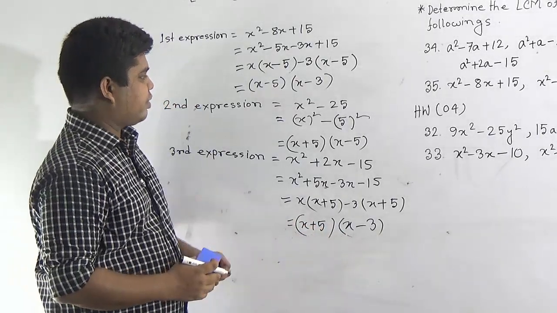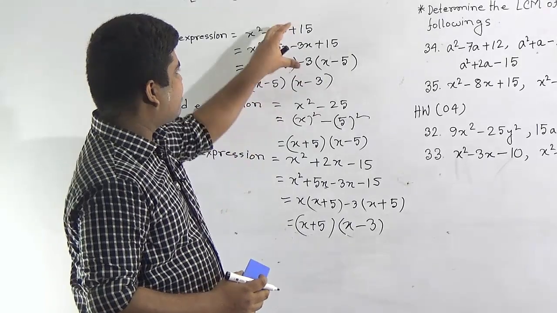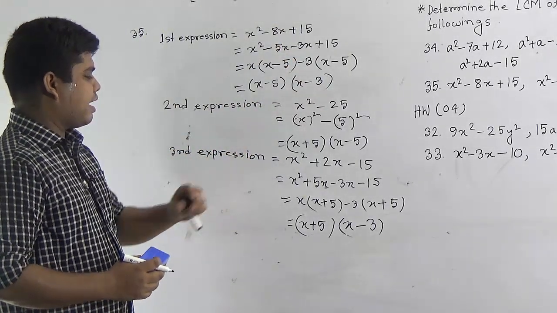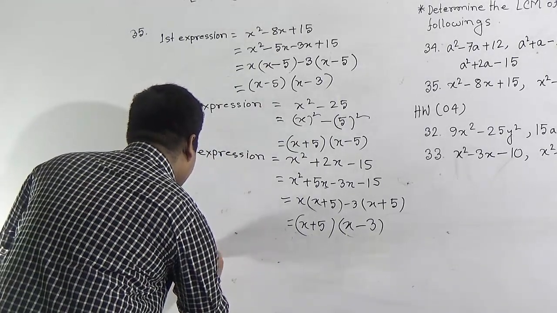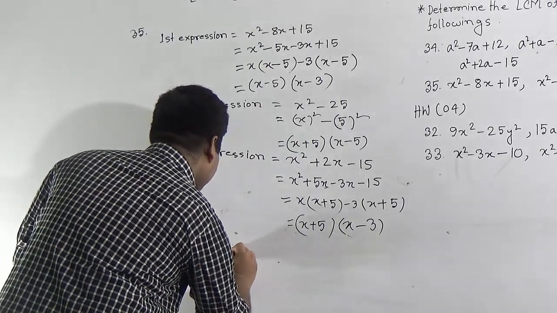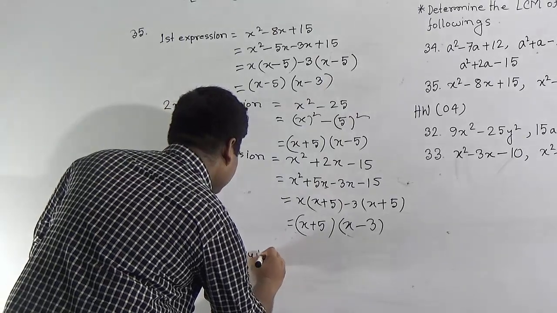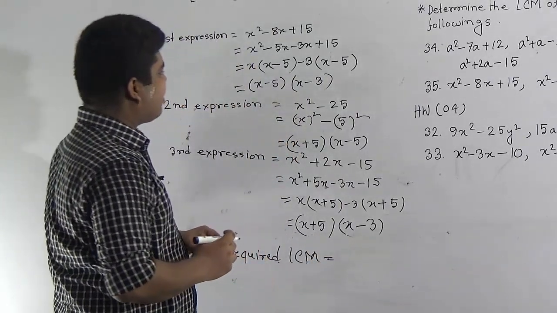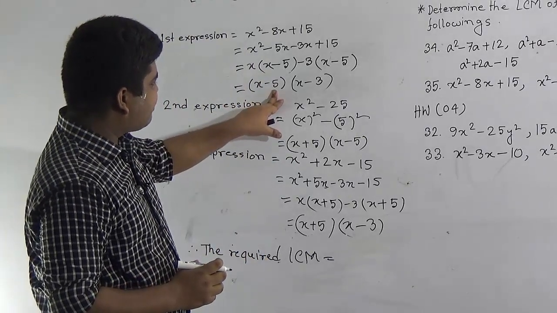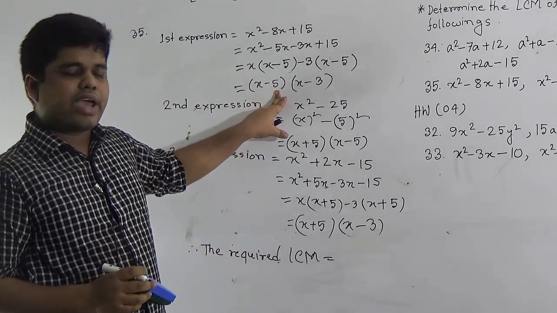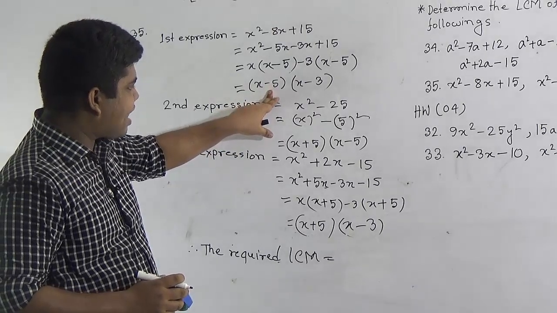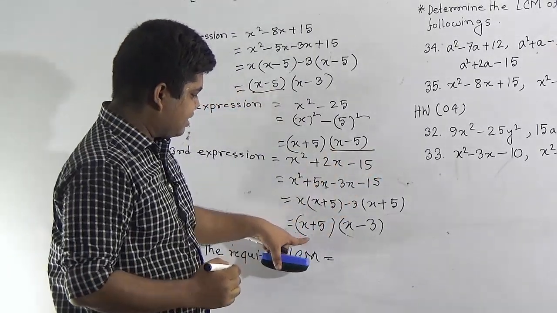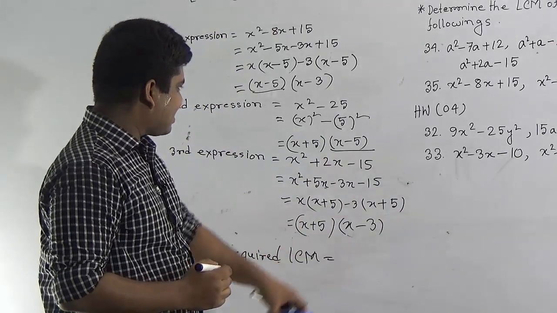as factors. Now we find out the LCM of the three expressions, that means first expression, second expression and third expression. So the required LCM is x minus 5. We take common and uncommon terms. Here x minus 5, here also x minus 5, but in the third expression x minus 5 is absent.